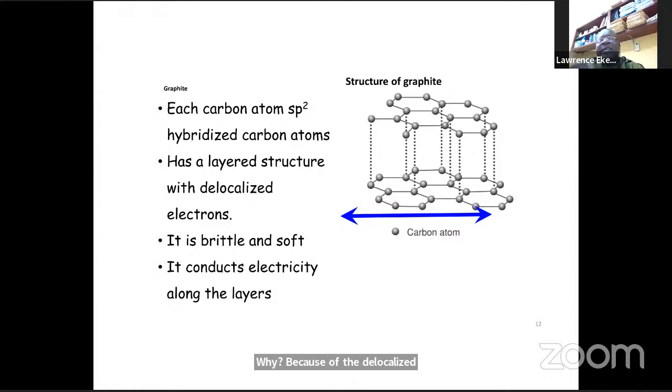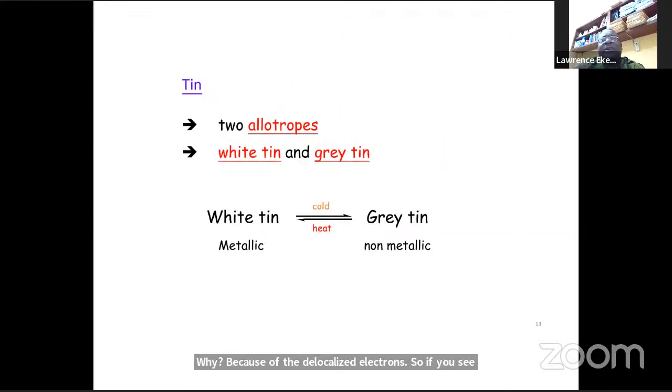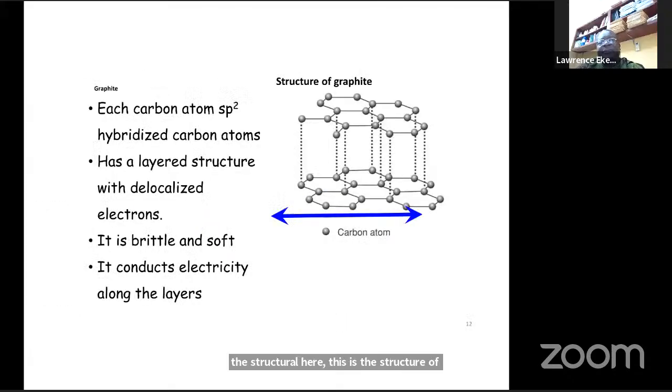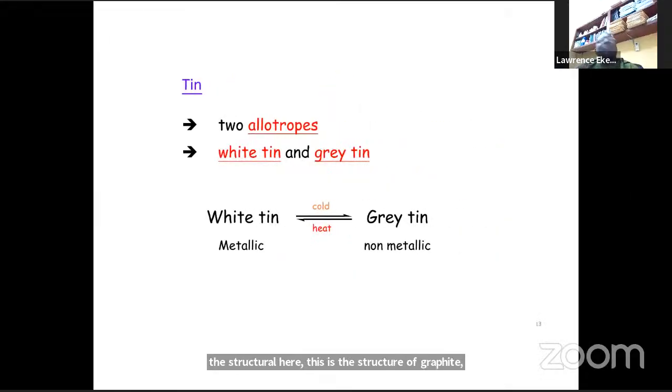So the structure here is the structure of graphite, which is an allotrope of carbon. Another member of the group 14 elements, the p block element of the carbon family, is tin. We know that tin is a metal, and it has two allotropes, white tin and gray tin.